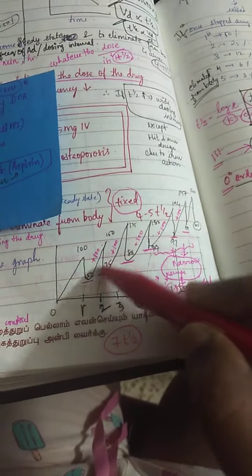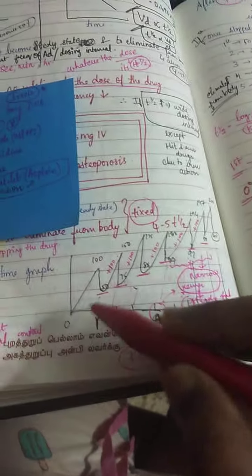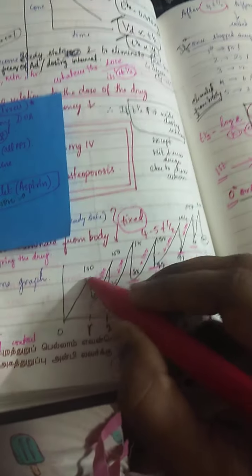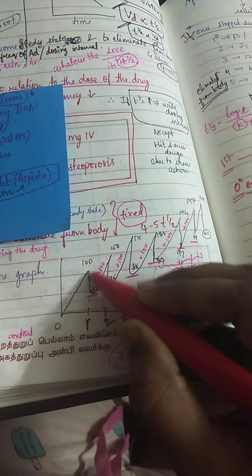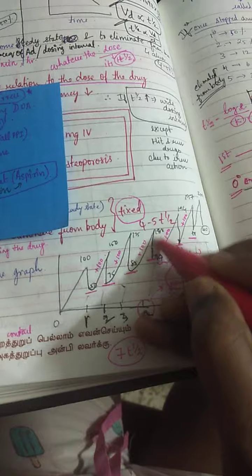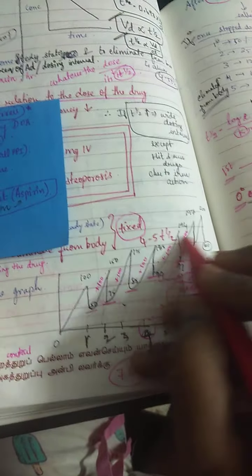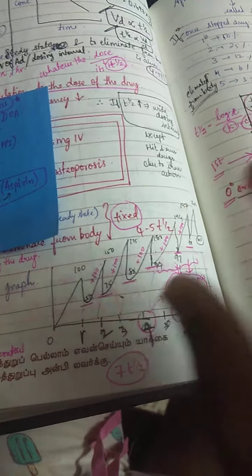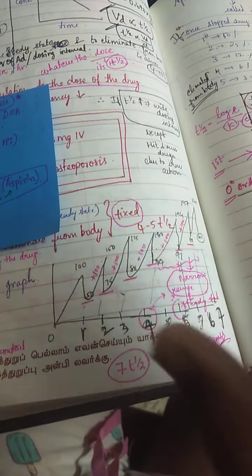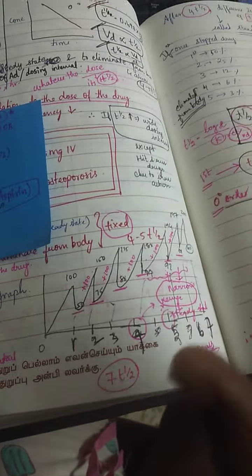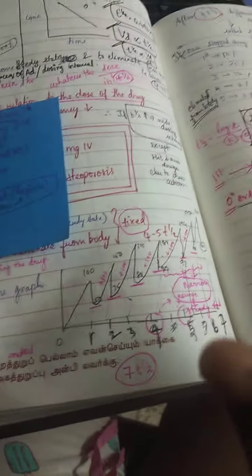See, when you keep on giving a drug, you give a drug, it becomes 100, and it becomes 50, and then you keep giving a drug. At one point it reaches where the amount of drug given will be equal to the amount of drug excreted, so that it doesn't become toxic. That is why we should know what is steady state concentration.